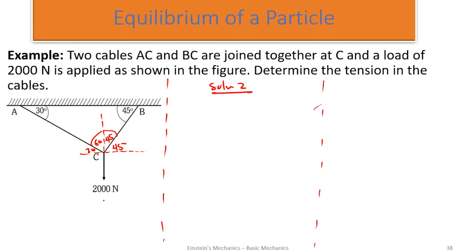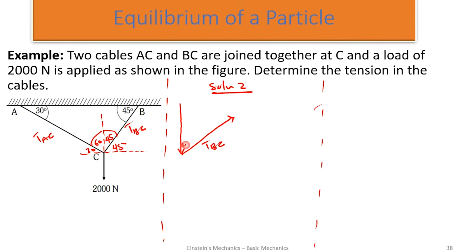So I'll have my vertical force. I want to draw a triangle out of this so that I can make deductions. I have my vertical side here. Now I have this force, the tension BC, tension AC. So tension BC can be drawn this way. Yes. So this is tension BC. And for tension BC, what angle does tension BC make with the vertical? 45.